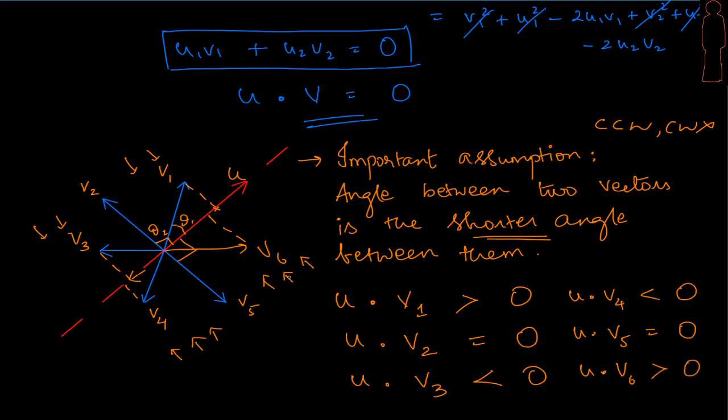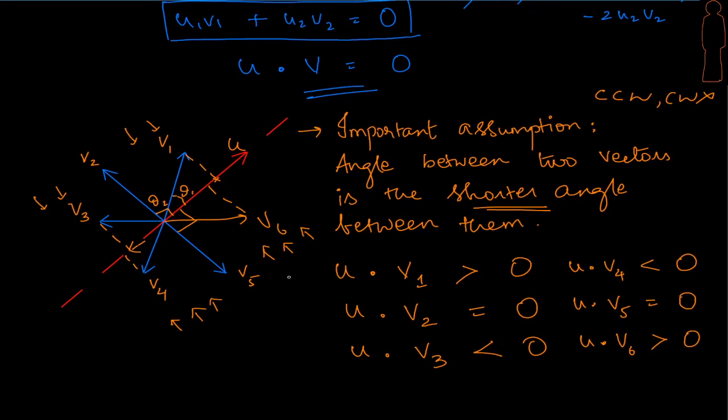And what is the insight that this is bringing us? What it is bringing us is, when we look at the vector u and when we have a perpendicular, whatever vectors are on the plane where u lies, the dot product with all those vectors is turning out to be positive, right?